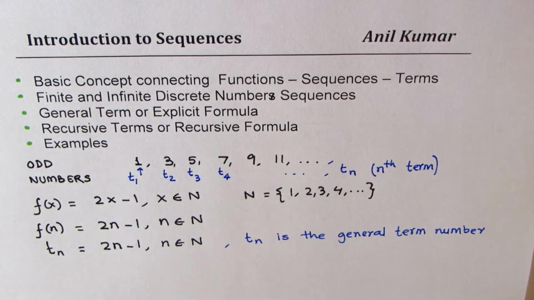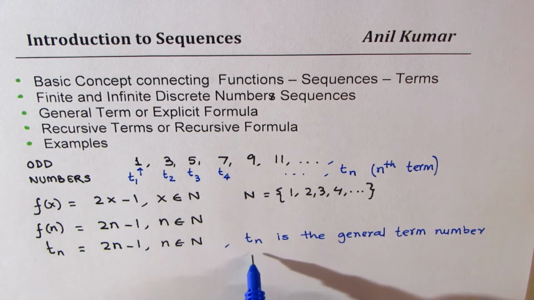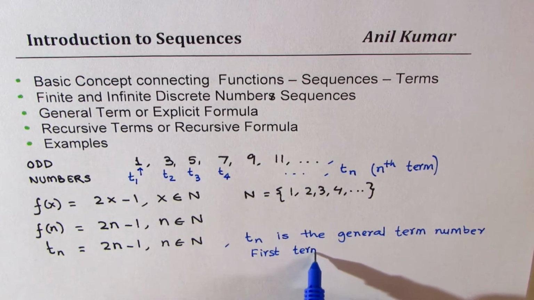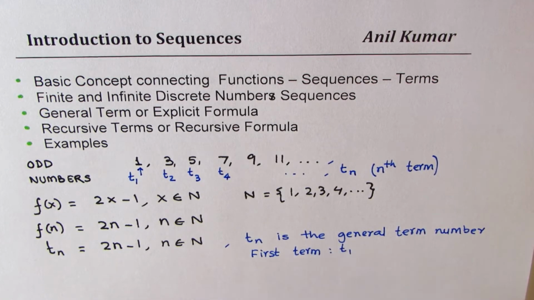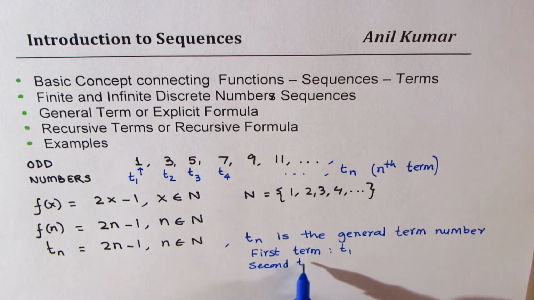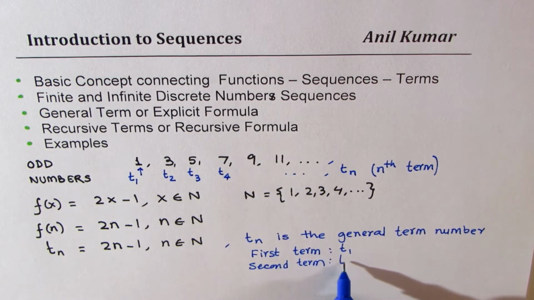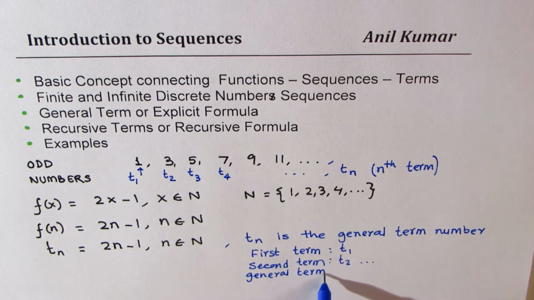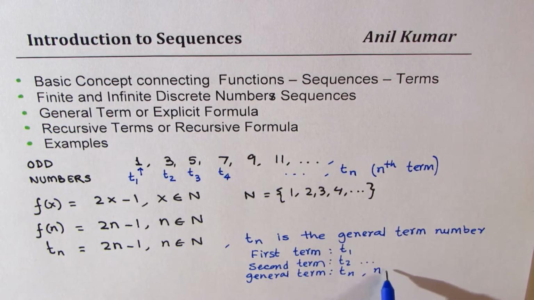You get an idea, right? So the first term is T1, right? And second will be T2, and so on. So a general term will be Tn, where n is any natural number.